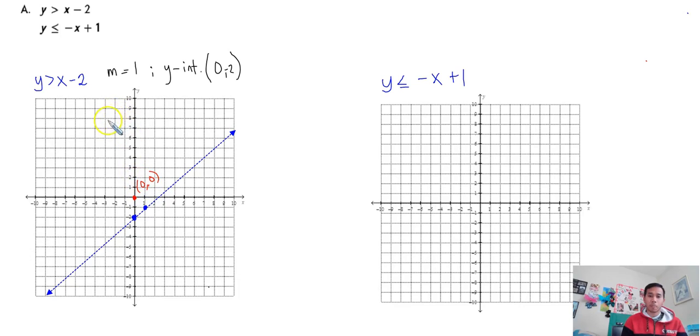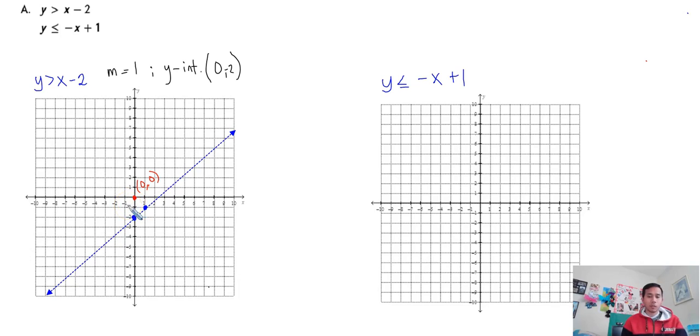We can check, most especially if your line is not on the (0, 0) origin. Because if your line passes through (0, 0), you have to select any other point that is not on the line. So make sure that you select a point that is not on the line.